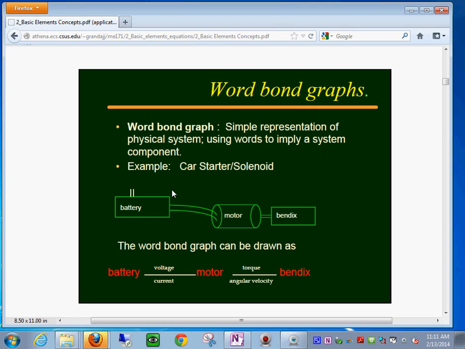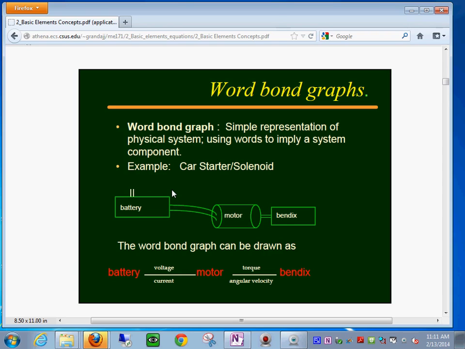You list the different elements, as you can see there, listed in red. And in between the elements, you write the units that they interact with, like in this case voltage and current, or you could have torque and the angular velocity.